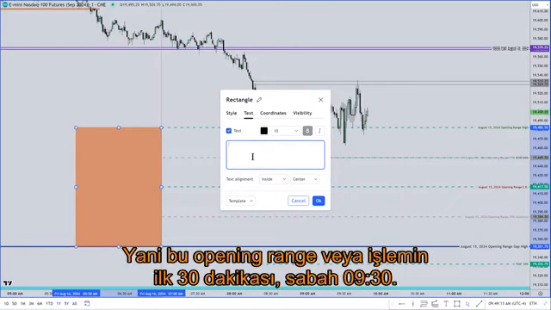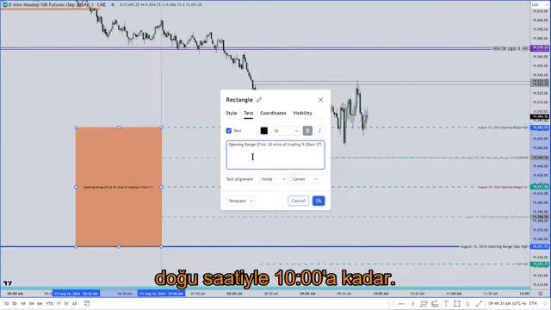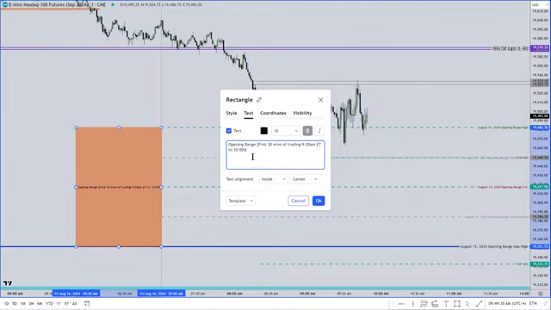So this is the opening range, or first 30 minutes of trading, 9:30 a.m. Eastern Time to 10 a.m. Eastern Time.